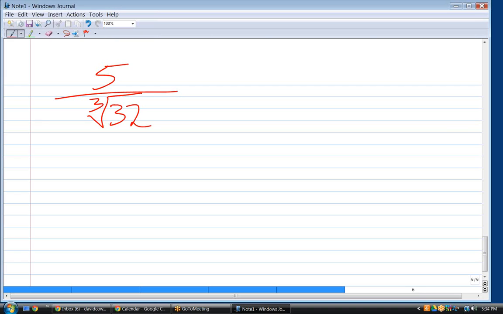I can do two things here. I'm not sure how they've taught you how to do this. First of all, let's deal with it straight away. Let's write it as 5 over 32 to the 1/3 power. The cube root of 32 is the same as 32 to the 1/3 power.